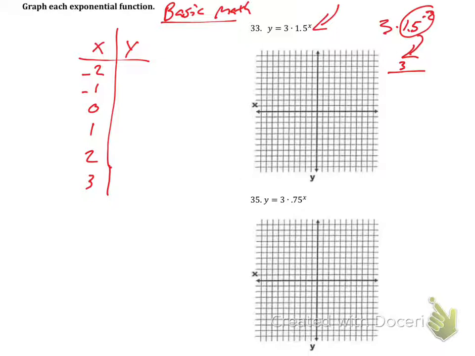If I just did 1.5 squared, that'd be 2.25. So 3 divided by 2.25 is equal to 0.95. And I might have that one wrong. Let's just see here.